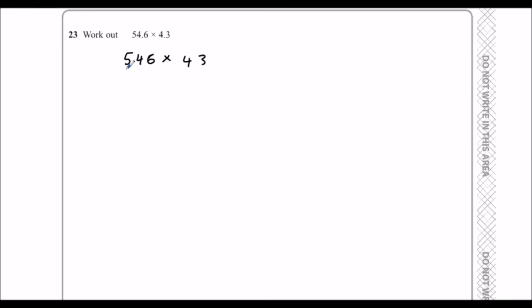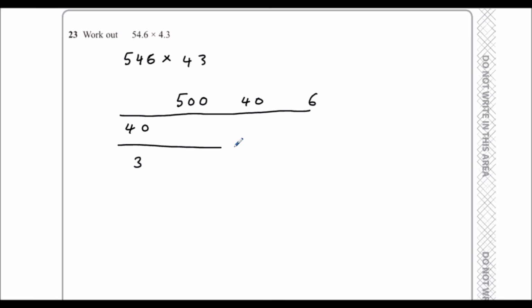So 546, so I'll do a grid method, 546 times by 43. So there's other methods of multiplication. You can use whichever one you feel comfortable using.